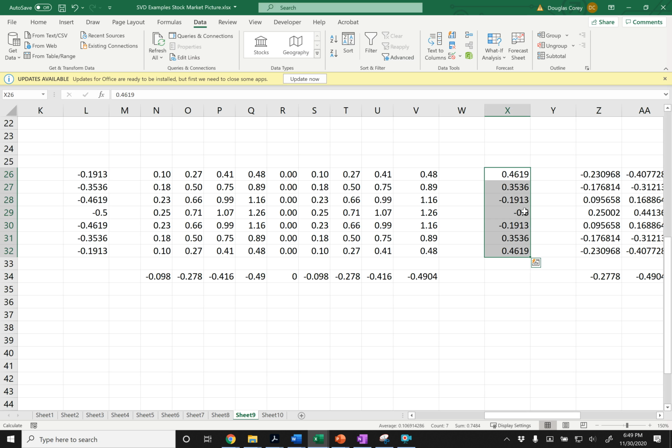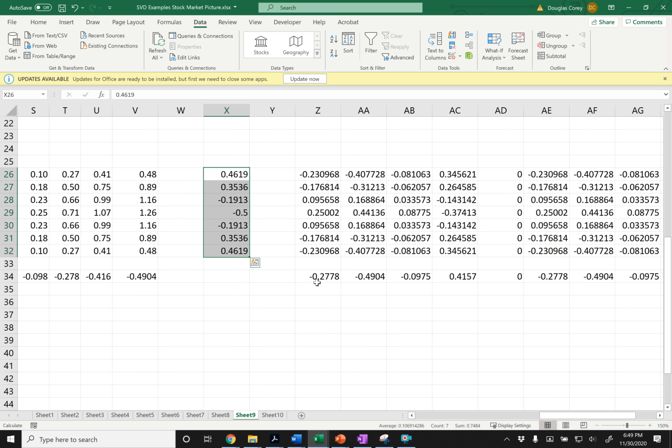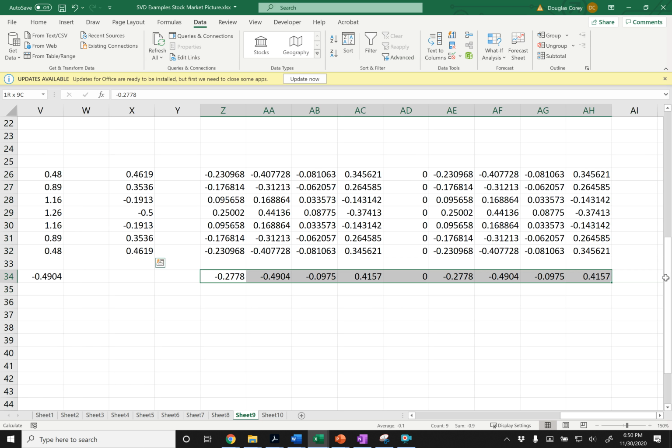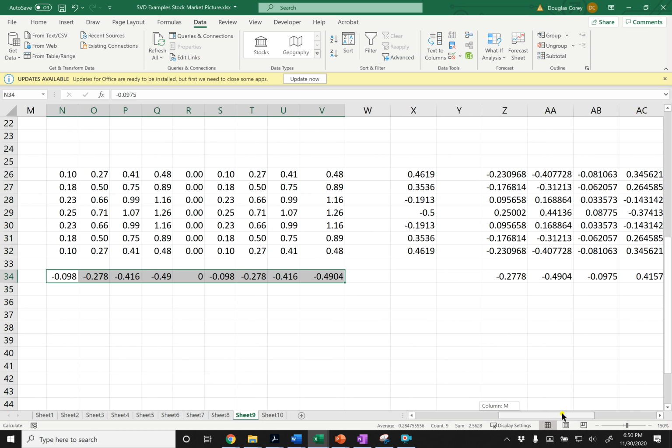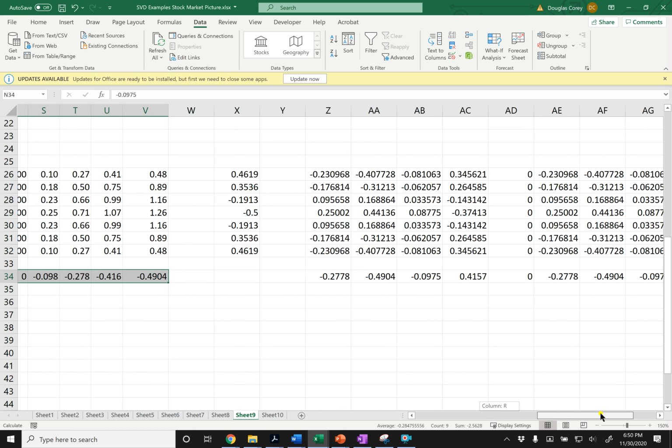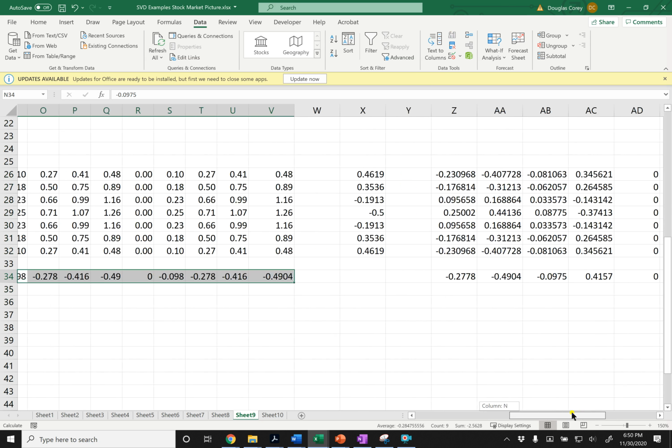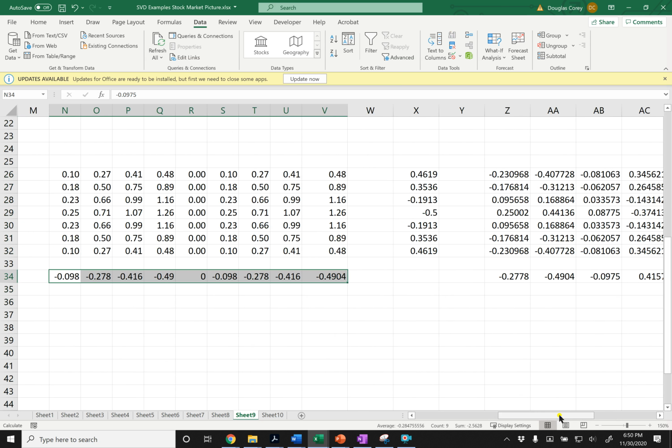So if we do the dot product with those, we should end up with zeros. And same thing with these. This vector here and this vector here are orthogonal to each other, so if you take the dot product of those, it should be 0.